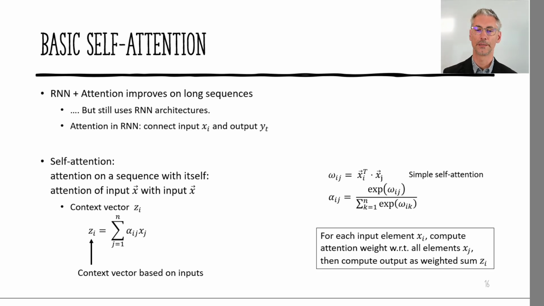And so we can provide a context vector defined on these, right? So Z is now this context vector with alignment weights on the input. And the simplest way we can have alignment weights is this dot product between the input sequence, here omega ij, so the transpose of the vector x with itself. And now we take the softmax function, and that's like the simplest version of an alignment weight that we could have.